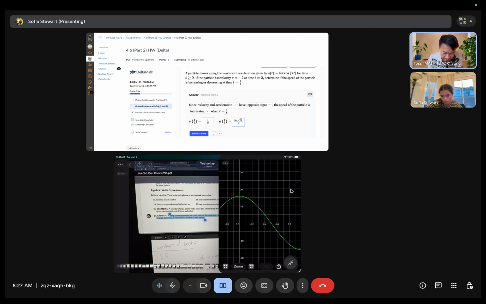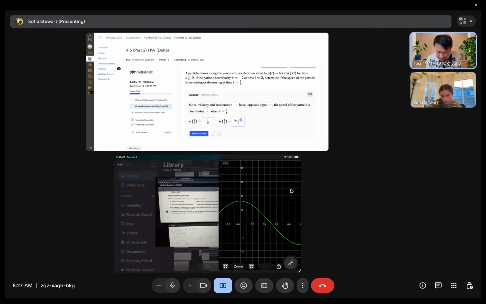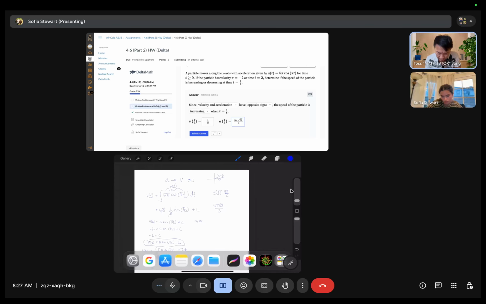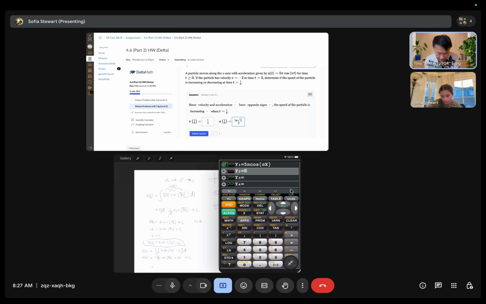If I take the derivative, or if I integrate, I can look at the graph. Let me grab the velocity function also. That's acceleration. This is velocity. The pink one is velocity. 5 sine pi x minus 2.